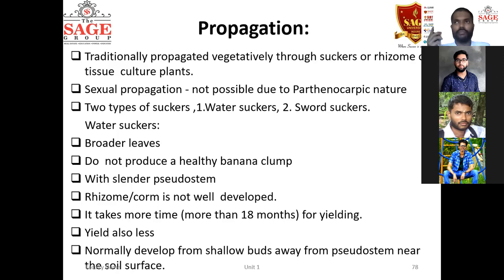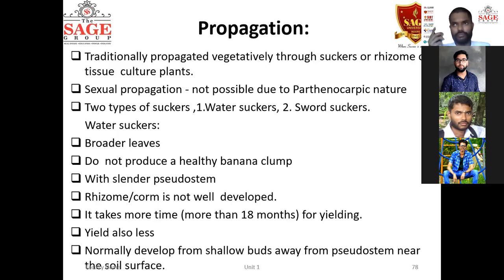It will take more than 18 months from planting to harvest of the coming crop, and the yield is also very low. Normally they develop from shallow buds away from the pseudostem near the soil surface, or if there is any physical injury to the main banana corm or rhizome, or by rodents or rats, or any such mechanical injury, these can come out.